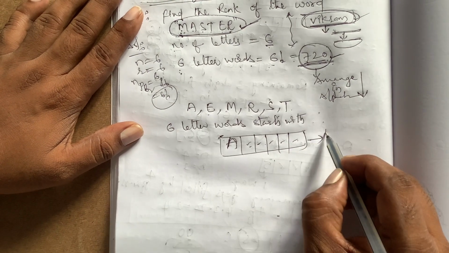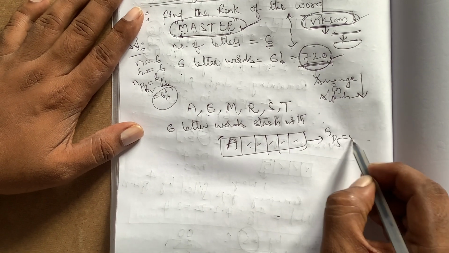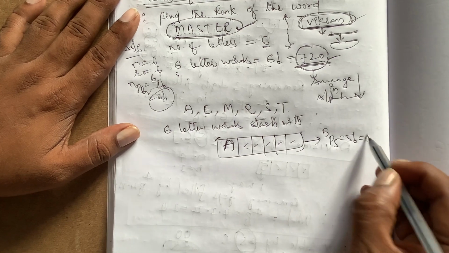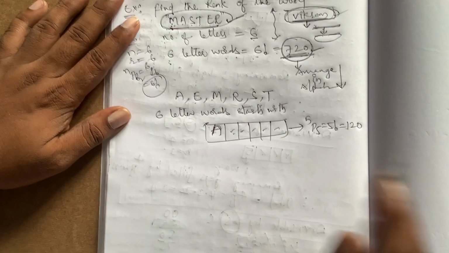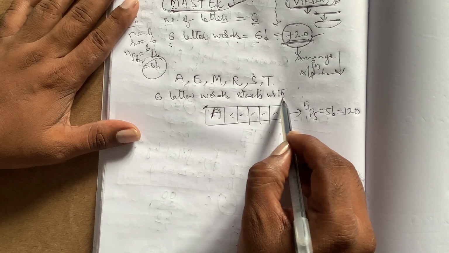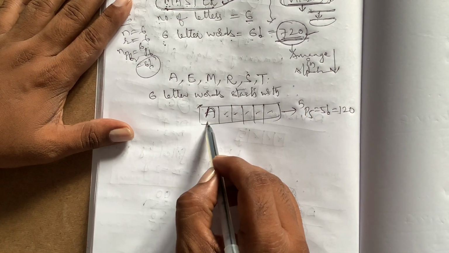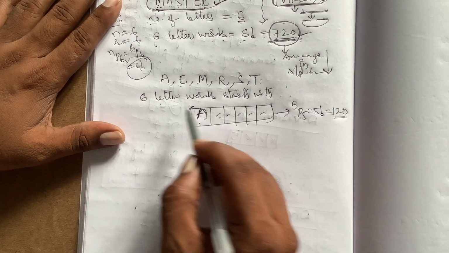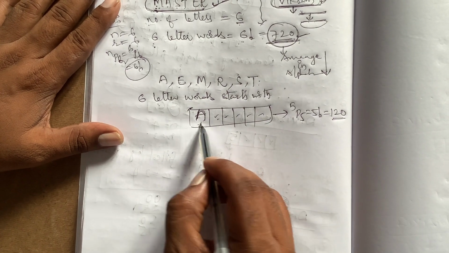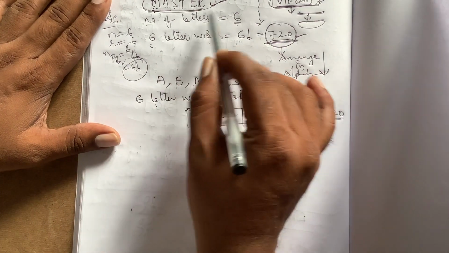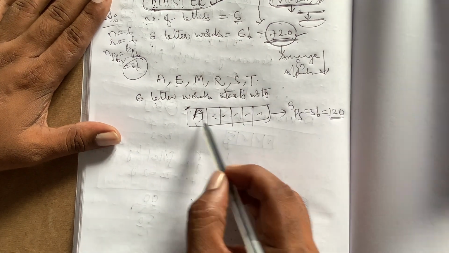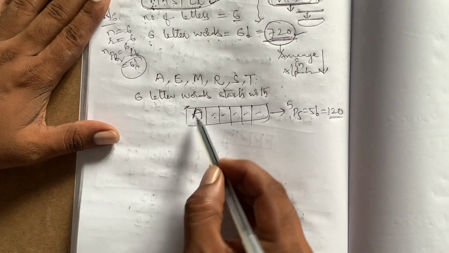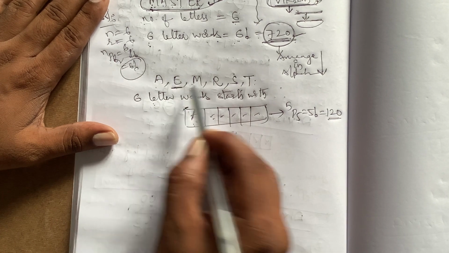How many ways can you arrange them? 5P5 ways, which is equal to 5 factorial, 120 ways. That means six-letter words starting with A number 120. But out of these 120 six-letter words starting with A, there is no word master, since all of them start with A. Now after A, according to alphabetical order, what will you get?